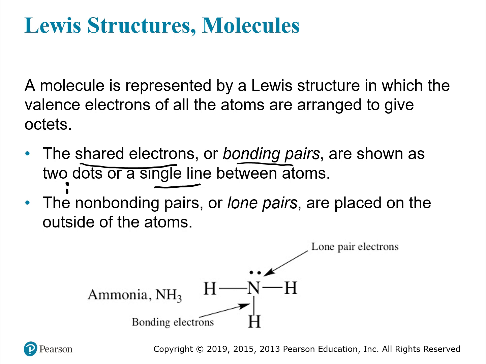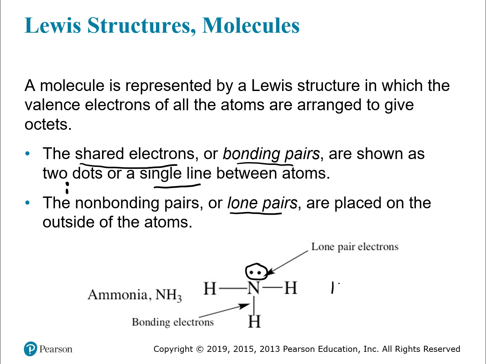The non-bonding pairs, so the electrons that are not doing anything, they're not being shared, those are called lone pairs. And they're placed on the outside of the atom. So you can see here, that is a lone pair above the nitrogen. But each of these lines between the nitrogen and the hydrogen, that is a bonding pair.